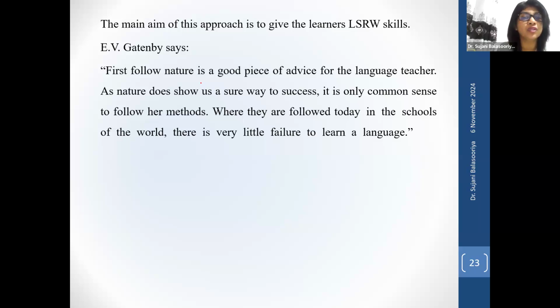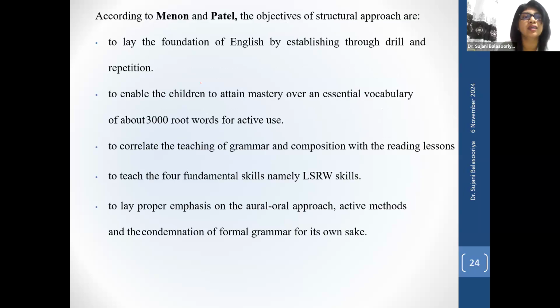If they do so, there is very little failure in learning the language. That is what Gatenby says here, right? Okay, his idea. And there are some more ideas coming from Menon and Patel, right?